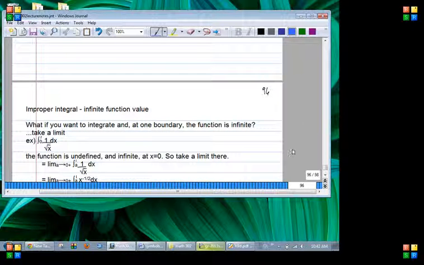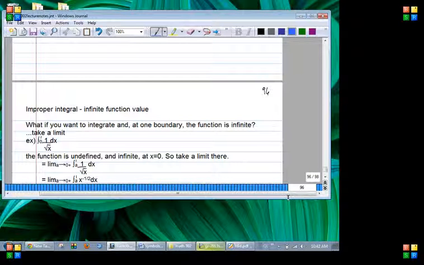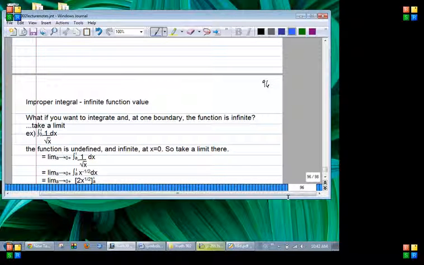So in order to do this integral, we know we want to rewrite this as a rational exponent. So it's just the integral of x to the negative half. Integrate that, you get 2x to the half. So the limit as a goes to 0 of 2x to the half from a to 1.